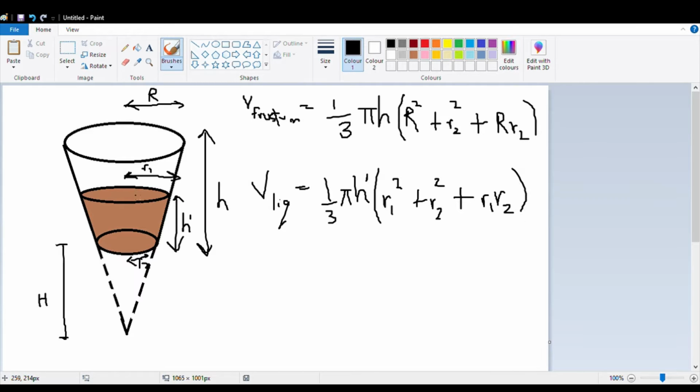Since the entirety of it is a cone, we can consider this triangle. Let me just say this is the volume of the cup.